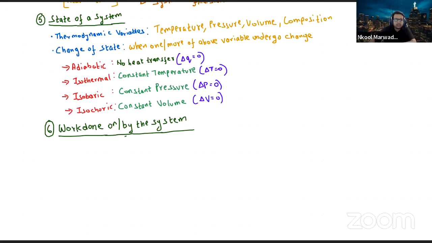So our system is basically a piston which is containing some gas particles inside it.